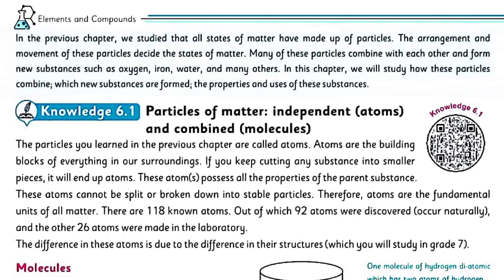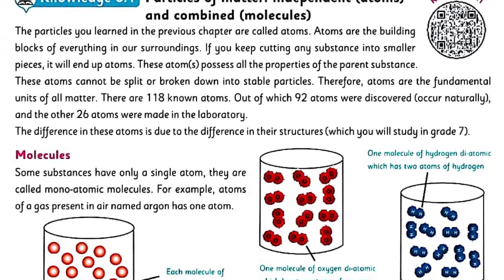Therefore, atoms are the fundamental units of all matter. There are 118 known atoms, out of which 92 atoms were discovered, and the other 26 atoms were made in the laboratory. The difference in these atoms is due to the difference in their structures.